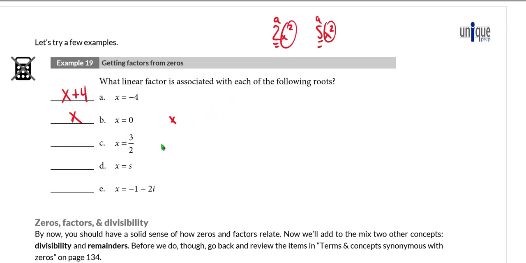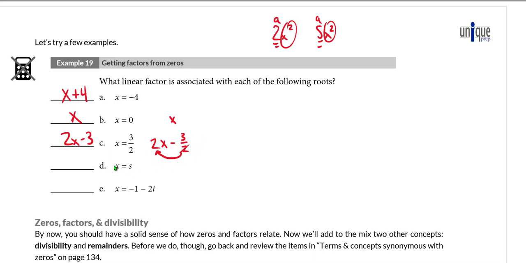For x equals 3/2, I believe we did this exact example on the previous page or something very similar to it. So I'm going to switch the sign on the 3/2, and I am going to swing that 2 up in front of the x and then get rid of it, so I have 2x minus 3 here.